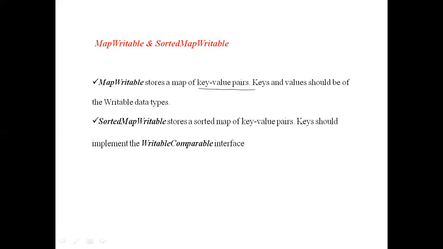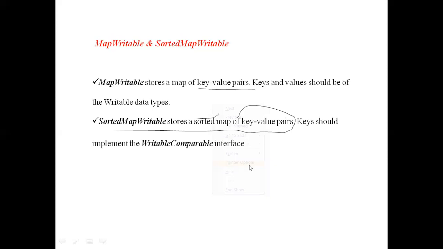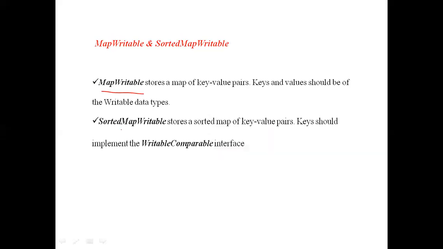Sorted map writable also does similar work: it stores key comma value pairs, but in a sorted order. That is the main difference between map writable and sorted map writable, since the sorting is made based on the keys.